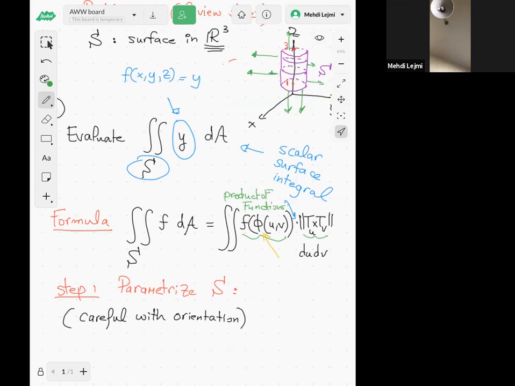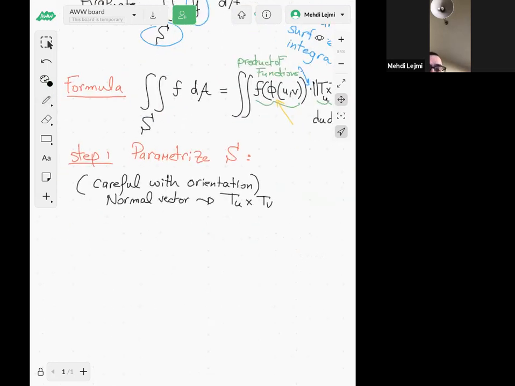What do we mean by normal? The normal vector is given by this T_u cross T_v. So this T_u cross T_v must be an outward pointing normal. Anyway, let's first parameterize S and then check the orientation.